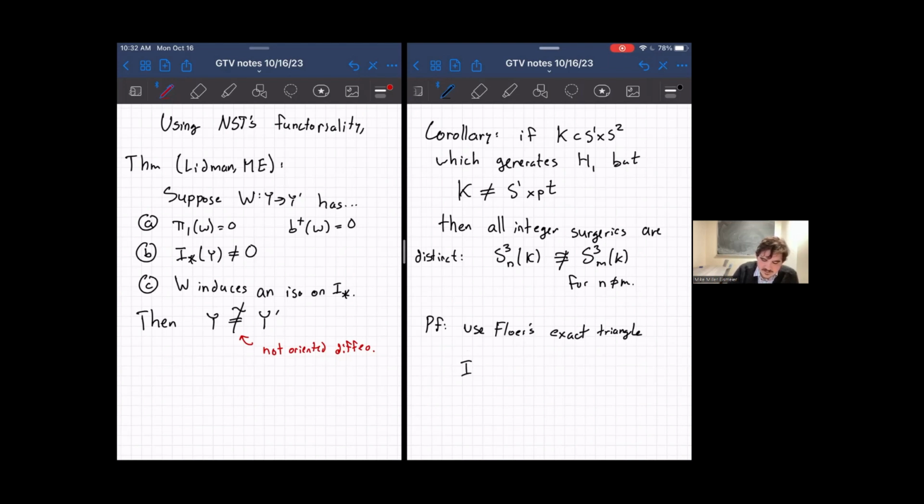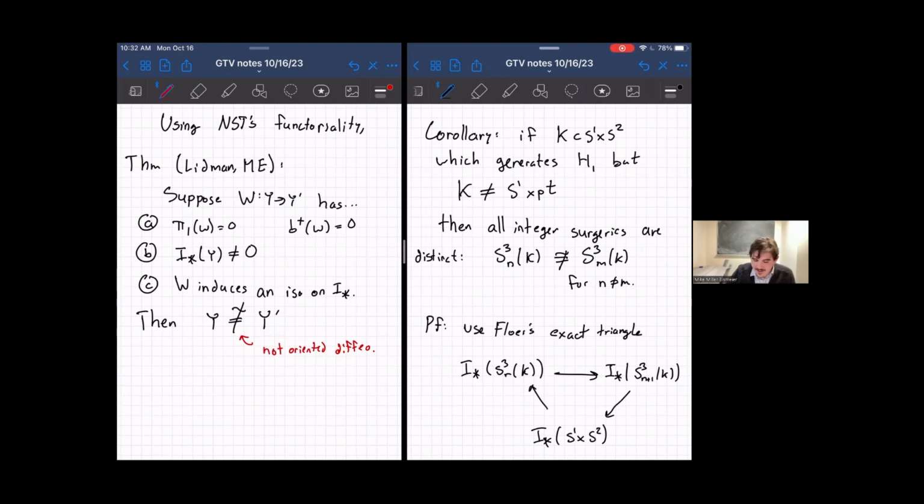Each of these sits into a surgery triad with the next. Where the third manifold is S1 cross S2, equipped with a non-trivial admissible bundle.